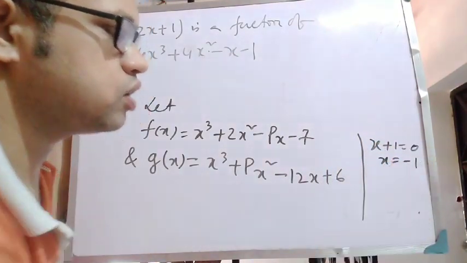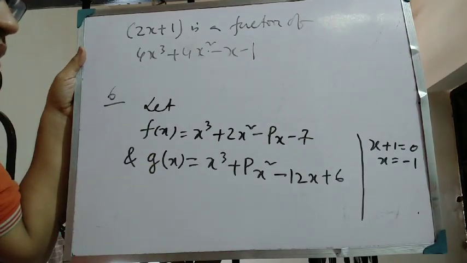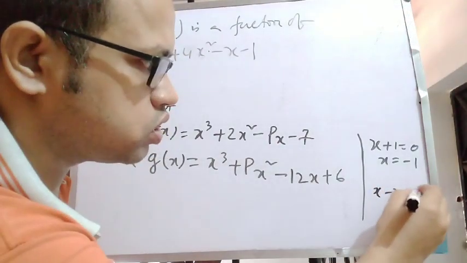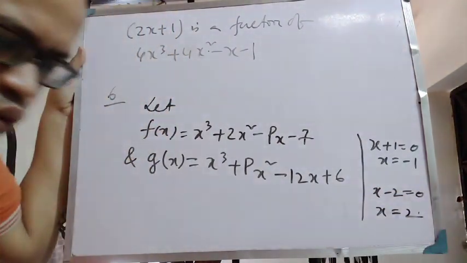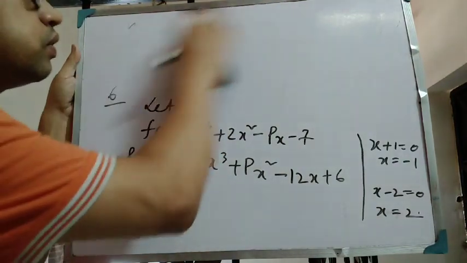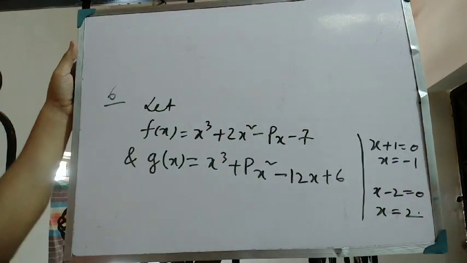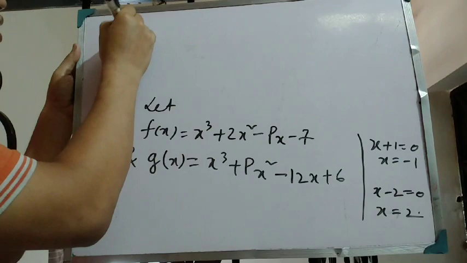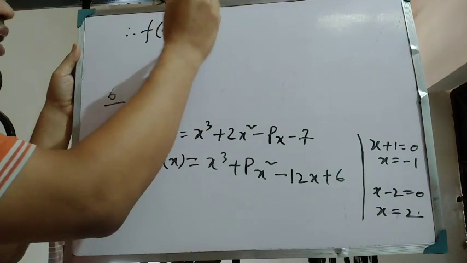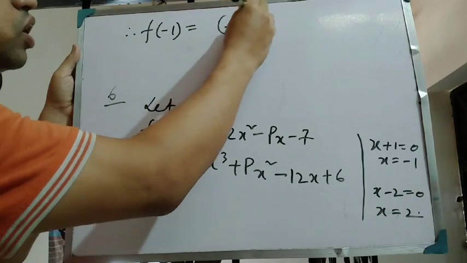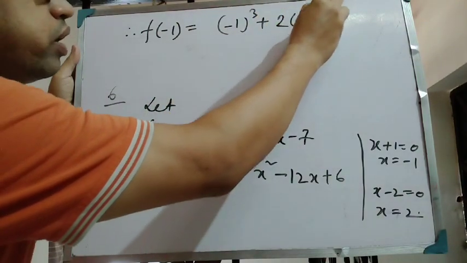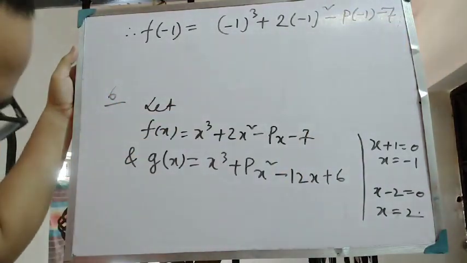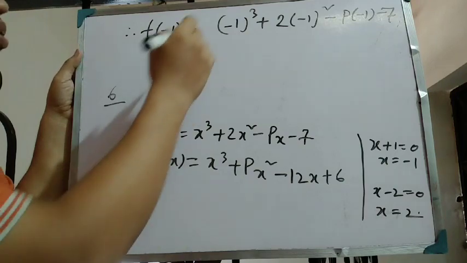That means you have to substitute x equals minus 1 in the first polynomial to find its remainder, and again x minus 2 equals 0 gives you x equals 2. So the remainder for the first case, that means when f(x) is divided by x plus 1, the remainder will be clearly f(minus 1). So f(minus 1) is (minus 1) whole cube plus 2 (minus 1) square minus p into minus 1 minus 7. That expression will come out in terms of p.